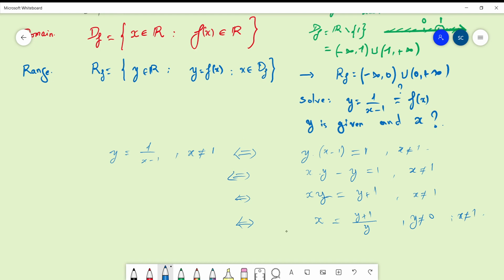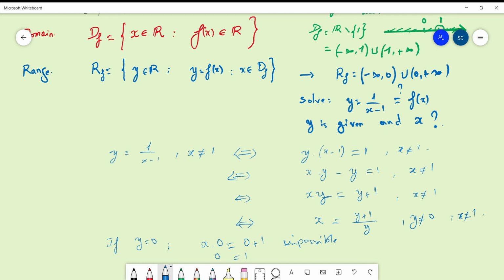Okay, and at this level we see that the value 0 must be avoided. Otherwise, if y equals 0, we will have x times 0 equals 0 plus 1, which is impossible, because you will then have 0 equals 1, impossible, there is no solution.